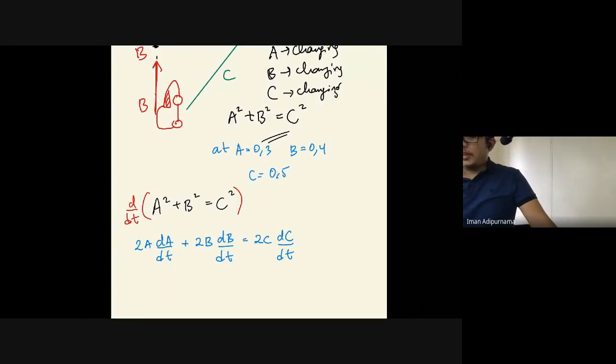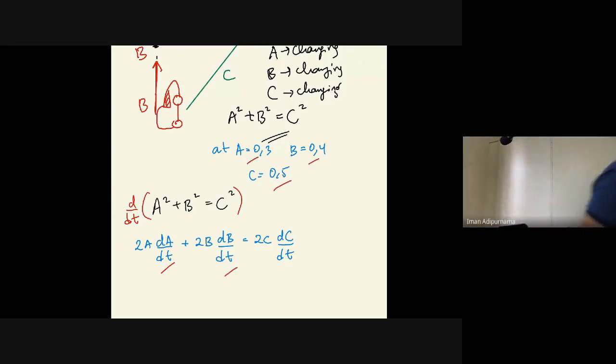A, B, C we already know from here, and dA/dt, dB/dt are from our information. We only need to find dC/dt.